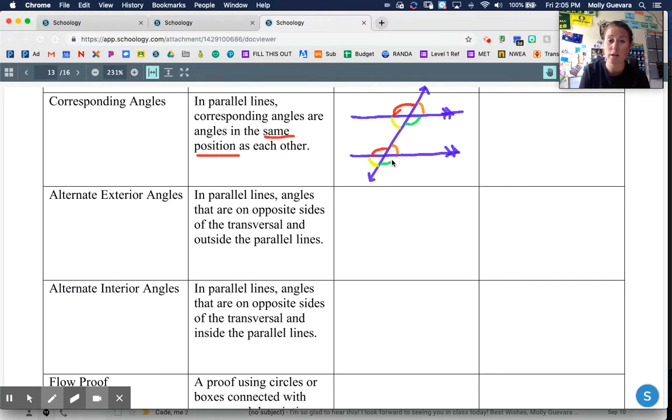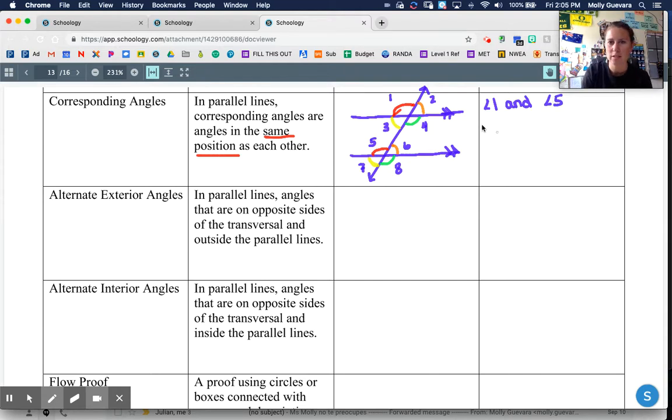So that's corresponding to this one. So if I go through and I label these 1, 2, 3, 4, and then 5, 6, 7, 8. Okay, so 1 and 5 are corresponding. So angle 1 and angle 5 are corresponding, right?